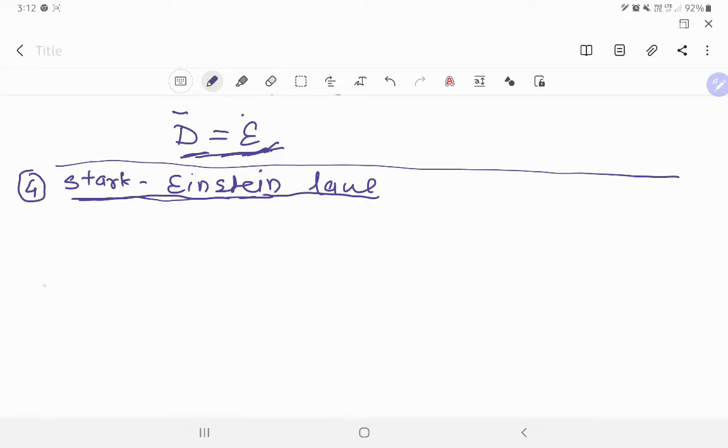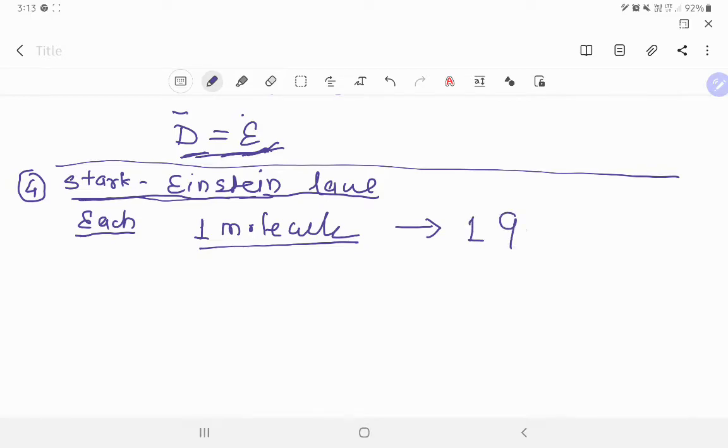Okay. What is this law? Very simple, equivalence law. Simply you can say one molecule of reacting substance absorbs one quantum of radiation. One molecule absorbs only one quantum of radiation. That is the Stark-Einstein law of photochemistry.